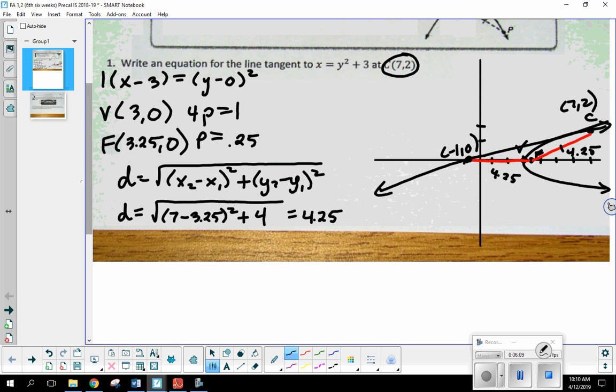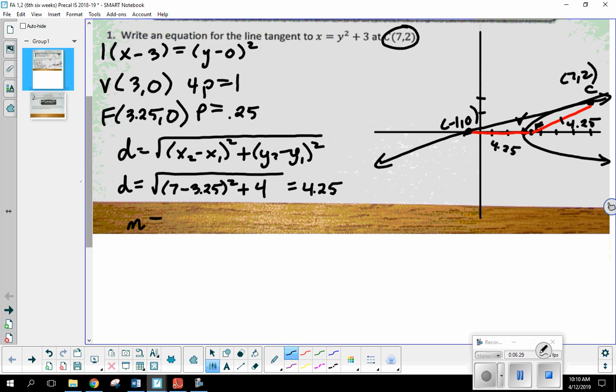Is everybody okay with how we got the negative 1, 0? Okay. The two distances are the congruent sides of the triangle, and then the base is your tangent line. Well, from here, it just becomes a good old-fashioned algebra problem. We have 2 points, and we want to write the equation of the line. So what's the most important thing to a line? Slope. So we need the change in y over the change in x, y2 minus y1 over x2 minus x1.